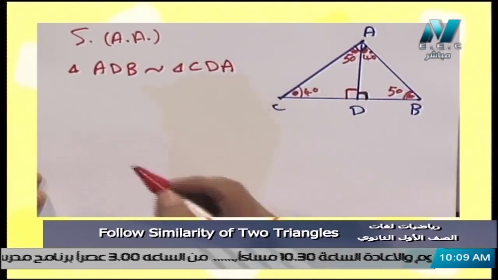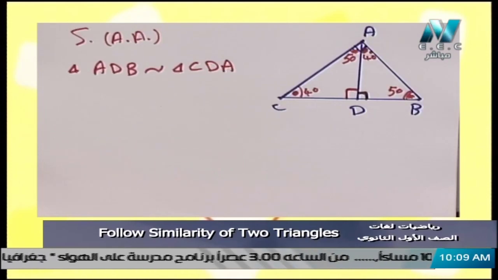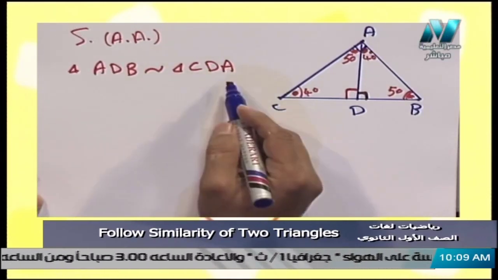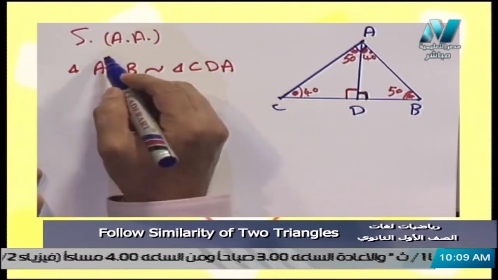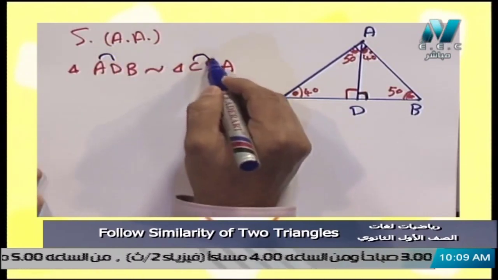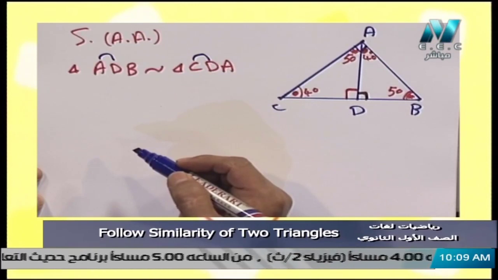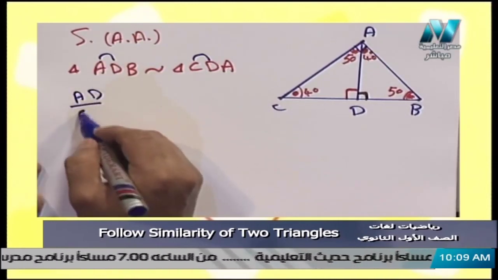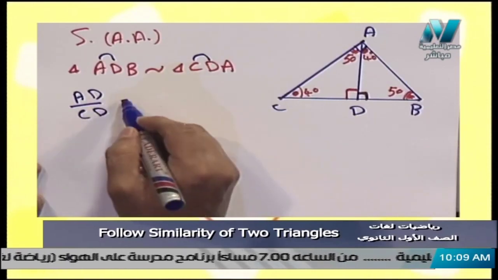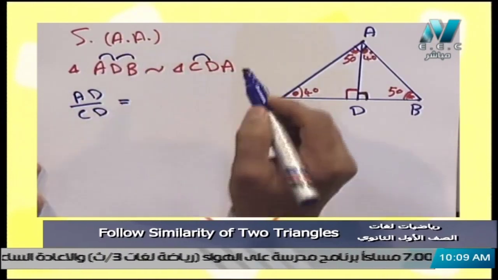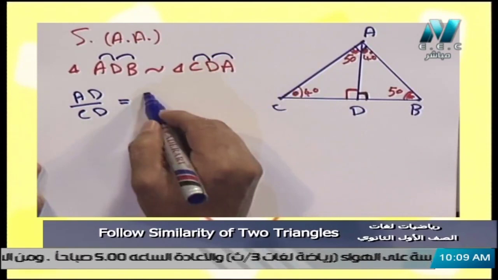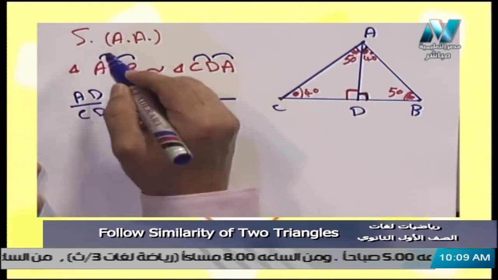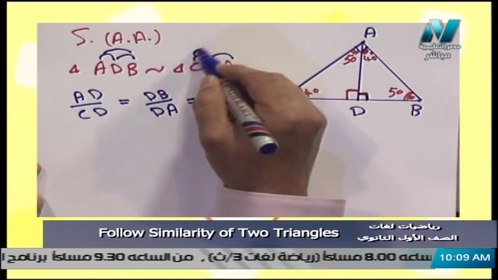Okay, and of course from the last period we have studied that if these two triangles are similar, then we will deduce that the corresponding sides are proportional. So AD over CD will be equal to DB over DA equals AB over CA.